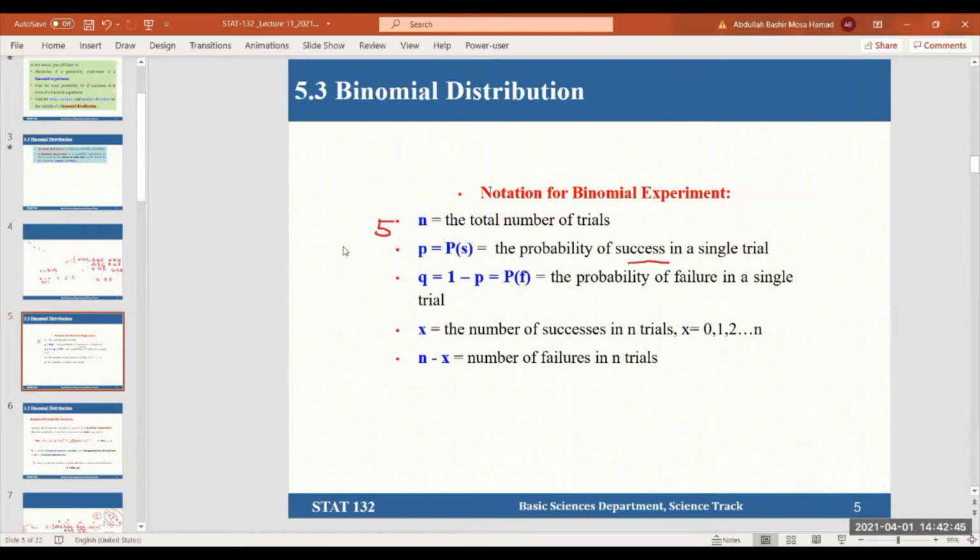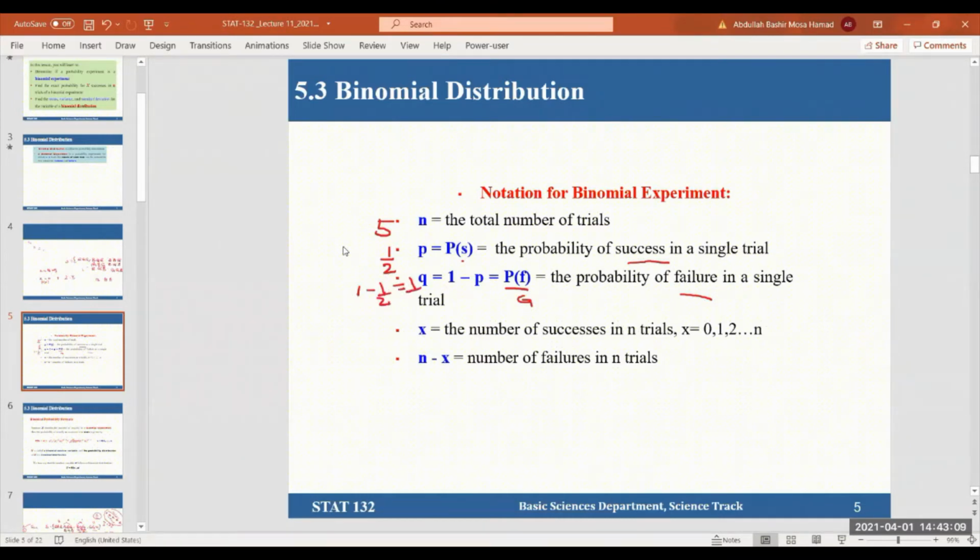Probability of getting a boy equal half. So half is the probability of success. Probability of failure, for our example, is the probability of getting a girl. Probability of getting a girl equals 1 minus probability of getting a boy, because we only have 2 outcomes.